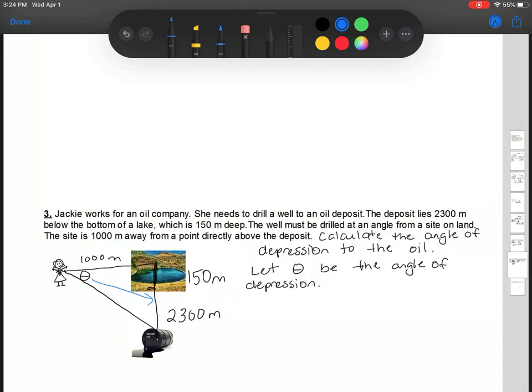We want to use this side over here, which is going to be the opposite side. However, the opposite side is this whole piece here. So it's 150 plus 2,300, which is 2,450 meters. So don't forget to take that into consideration. So that is opposite.